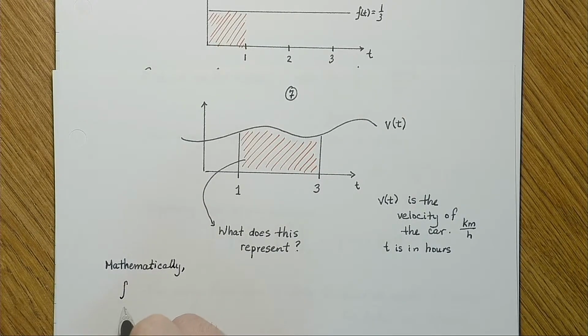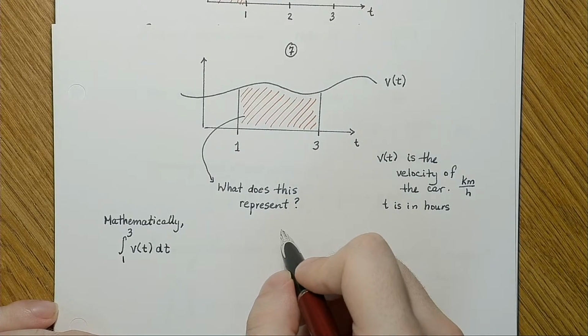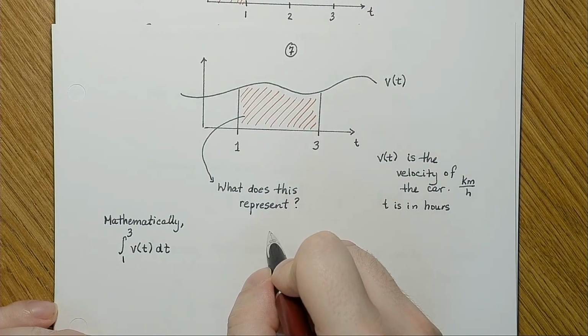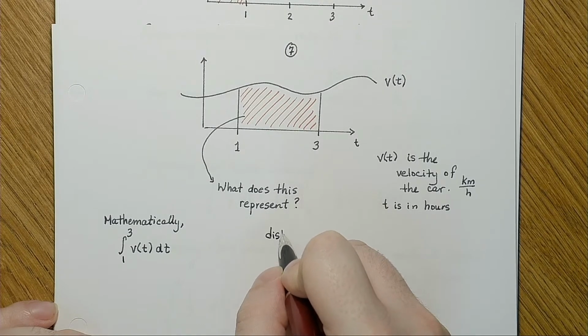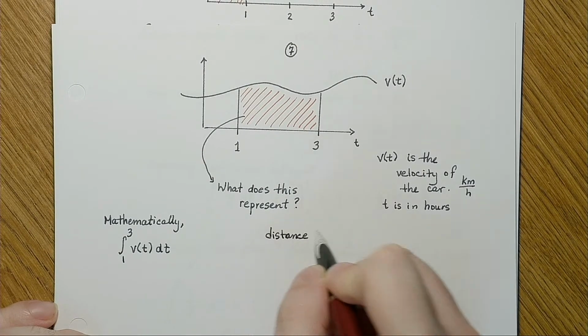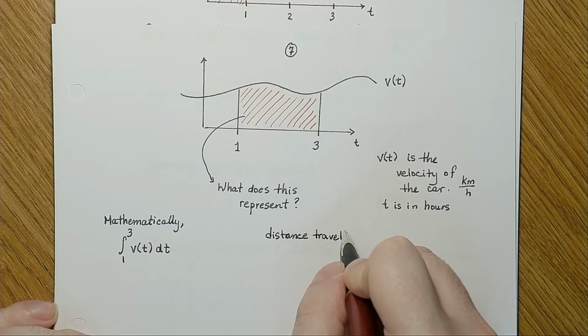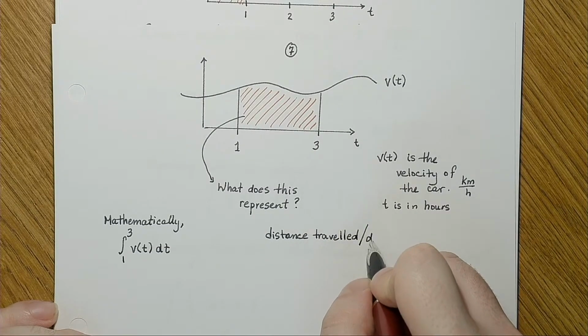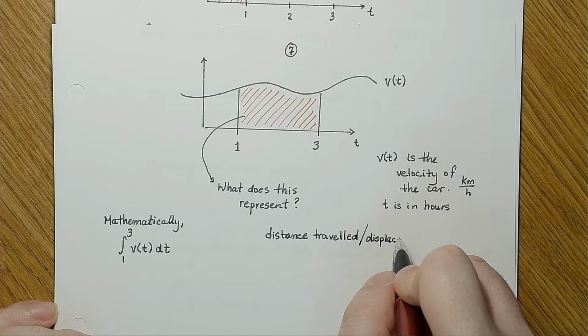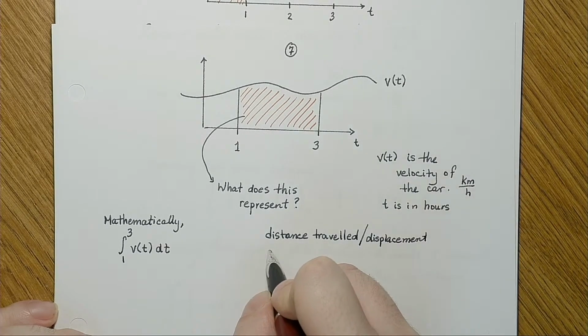I can do the integral from 1 to 3 of v of t dt. Displacement of distance, yes. The highway driving, close. What this represents is, you can think of it as distance traveled or the displacement of the car.